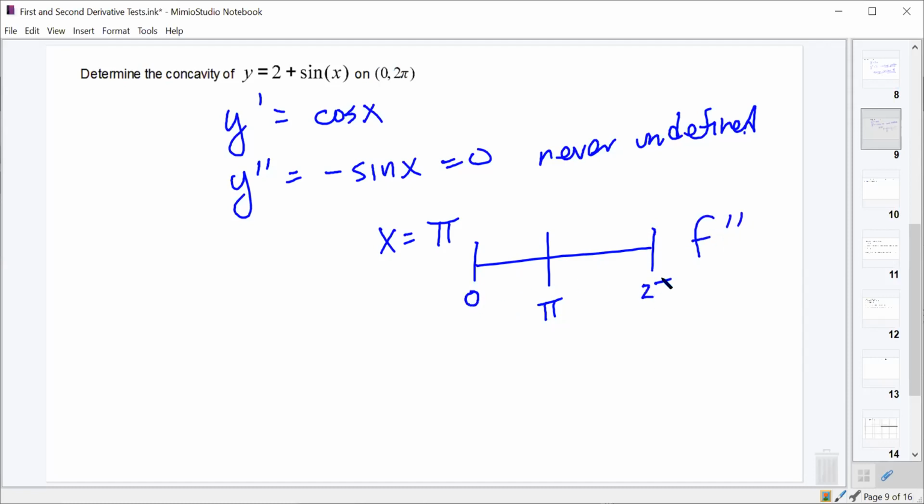Now I'm going to put those values on here just so that I'm careful when I plug things onto my sign chart, to make sure I don't plug something less than 0 or something more than 2 pi in. So we're plugging something between 0 and pi in, like pi over 2. What's negative sine of pi over 2? Is that positive or negative?